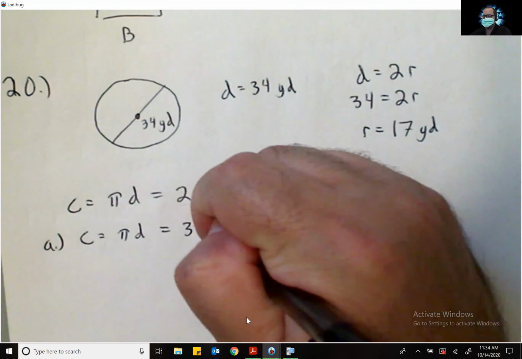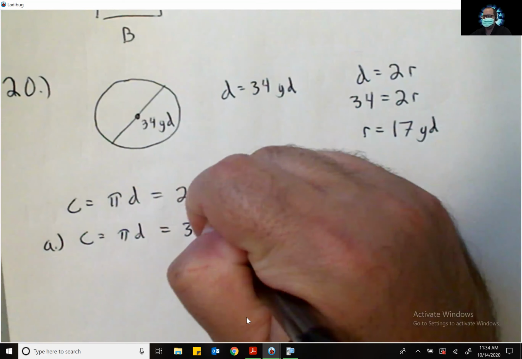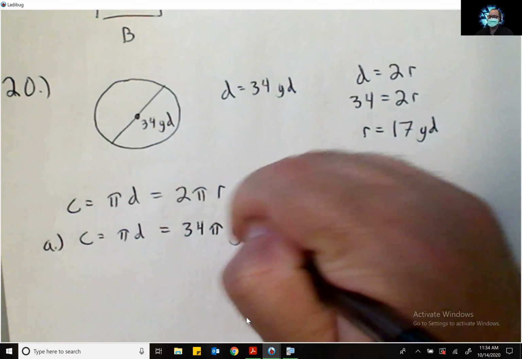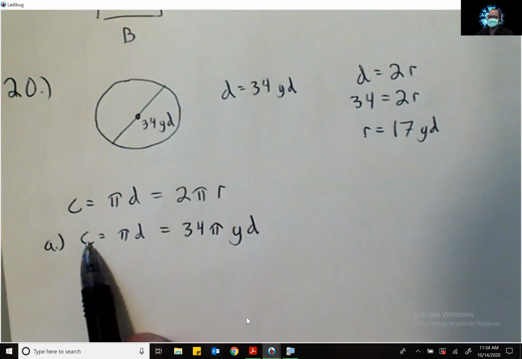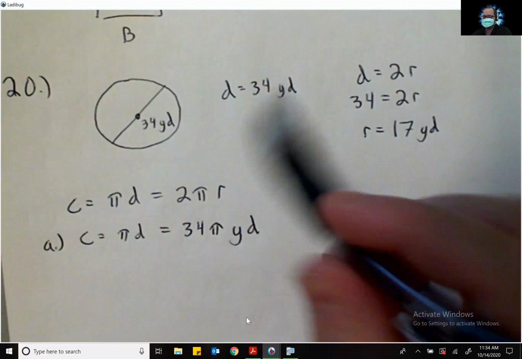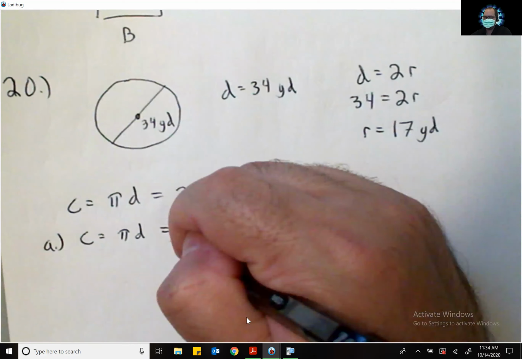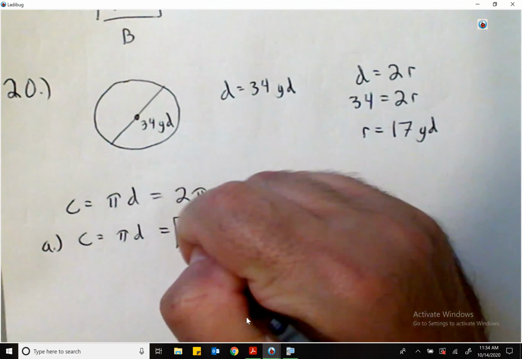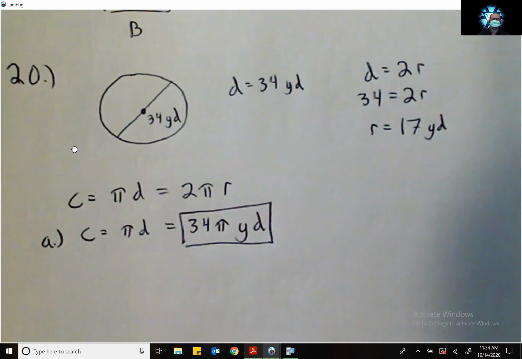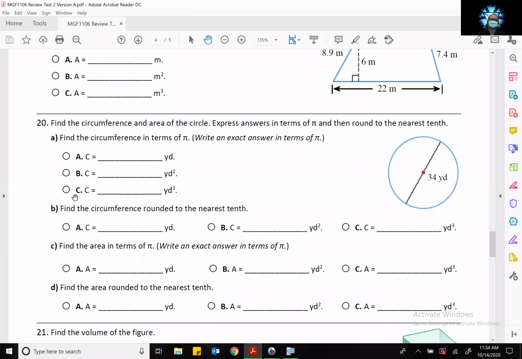So the circumference is 34 pi yards, because think of circumference as perimeter. It's just around the outside. So there's the answer to part A, which you would choose which letter, A, B, or C? A. You got it.